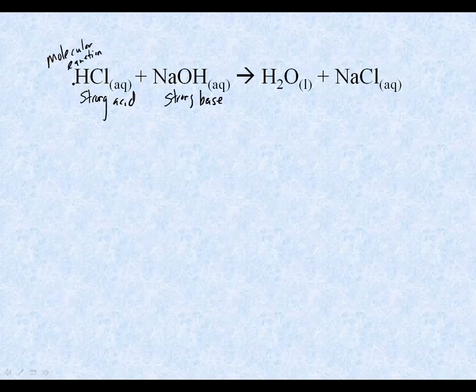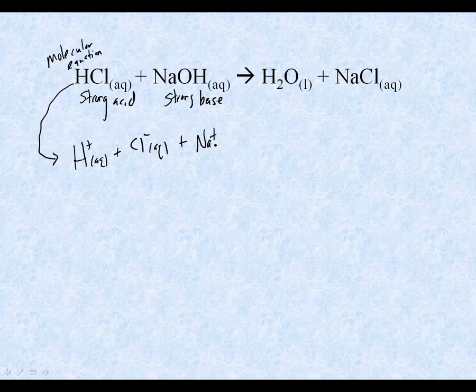We can break these up into our total ionic equation. Because HCl is a strong acid, it will 100% break apart into H plus ions plus chloride ions. Same thing with our sodium hydroxide, which is a strong base. It will break apart into sodium ions and hydroxide ions. Now, a little bit different than our precipitation reactions, here we form water, which is a liquid.